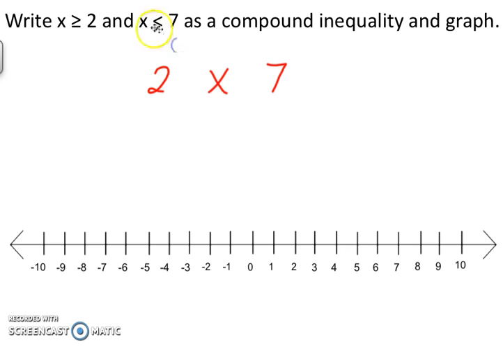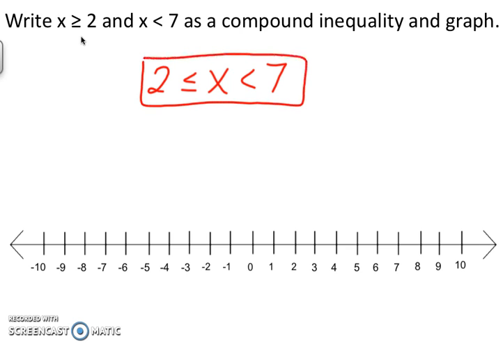Now I need to match the inequalities. This inequality was opening up to the 7, so that still needs to happen. And this inequality was opening up to the x, and that still needs to happen. So that is how you write that compound as an inequality without using the word "and." The bigger number is on the right, the smaller number on the left, and your inequality signs are facing the same direction.